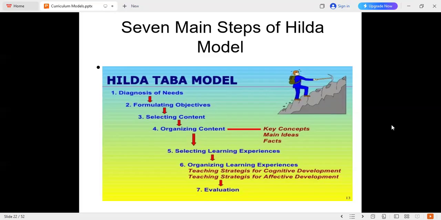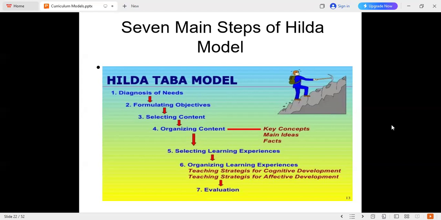Organizing learning experience, that means teaching methods, teaching strategies. Taylor did not say anything about what type of student development, but here in the above model, there is teaching strategy for cognitive development and teaching strategy for affective development.